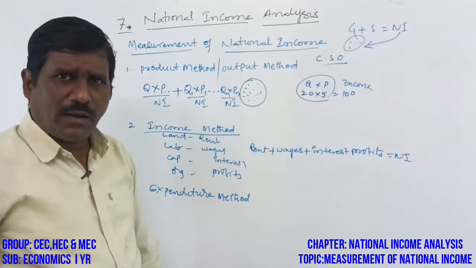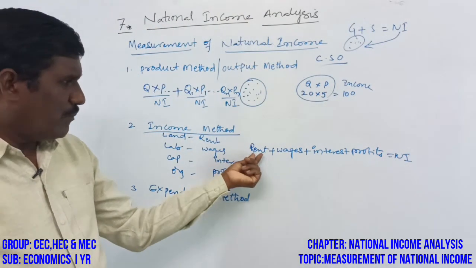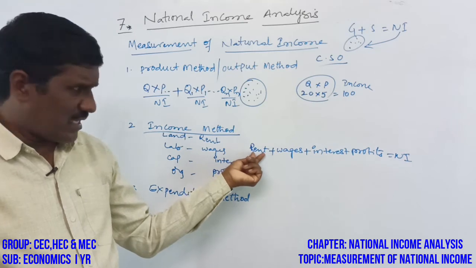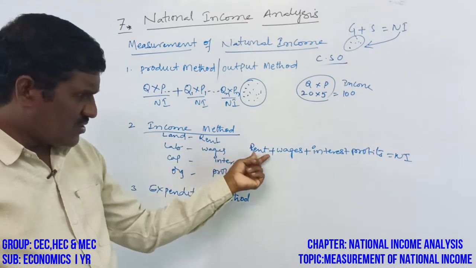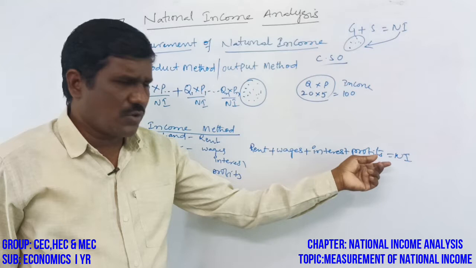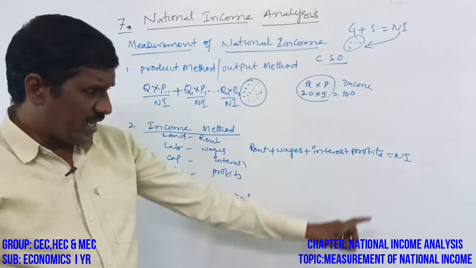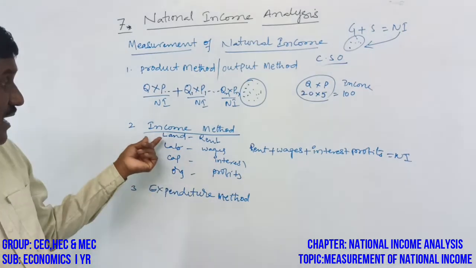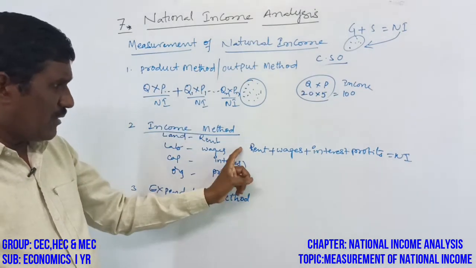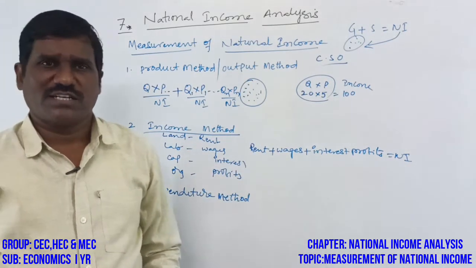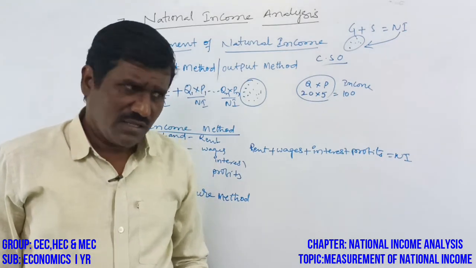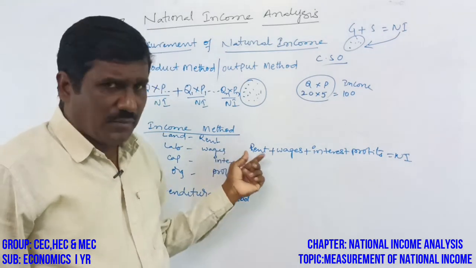So the method of obtaining national income is by adding the remuneration of land, rent, wages, interest, and profits. So the total income is calculated, and we get the national income. So this is the income method. The income which is earned by the total factors of production is calculated in the income method.